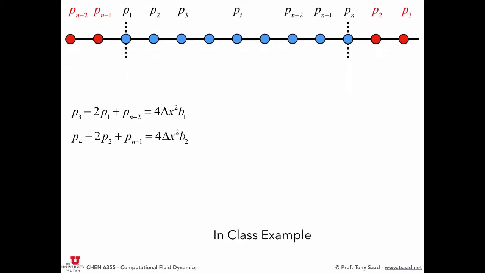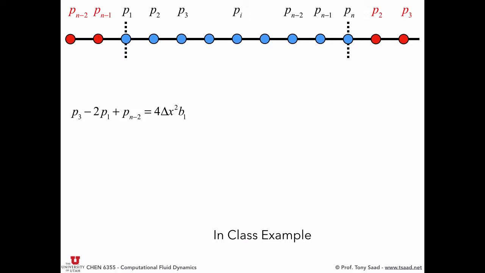So with the wide stencil, at point 1, we have P3 minus 2P1 plus Pn minus 2, equals delta x squared B1. Remember, we're doing a wide stencil. So at P1, rather than using the neighboring points, we're using the outside neighbors, the wider points. So for P1, we use P3 and Pn minus 2.